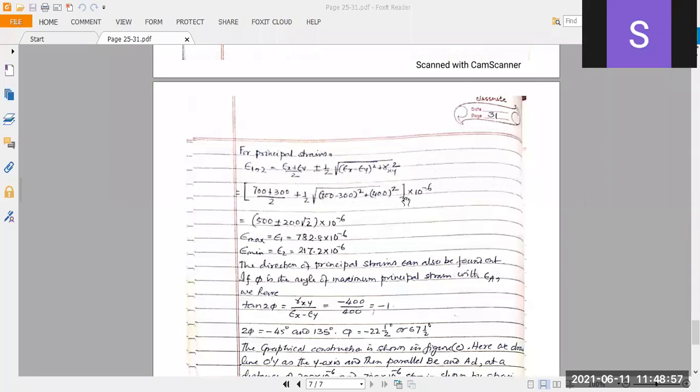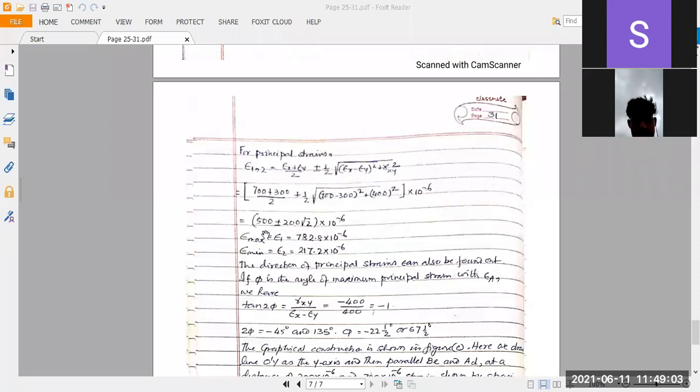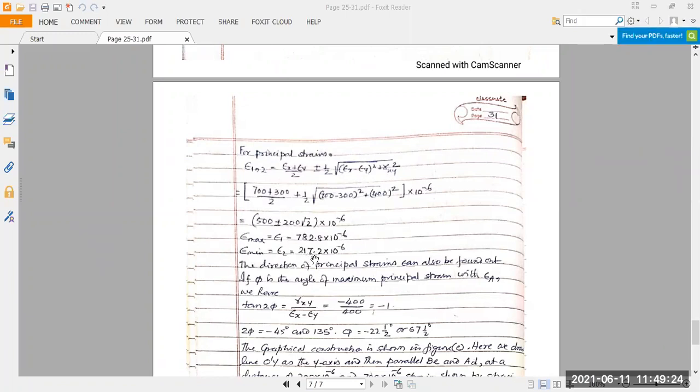If we put in these values, it will be 500 plus minus 200 square root of 2 into 10 to the power minus 6, and epsilon max will become epsilon 1, the maximum. We add this with this, and we get epsilon 1 as 782.8 into 10 to the power minus 6, and epsilon 2 as 217.2 into 10 to the power minus 6.